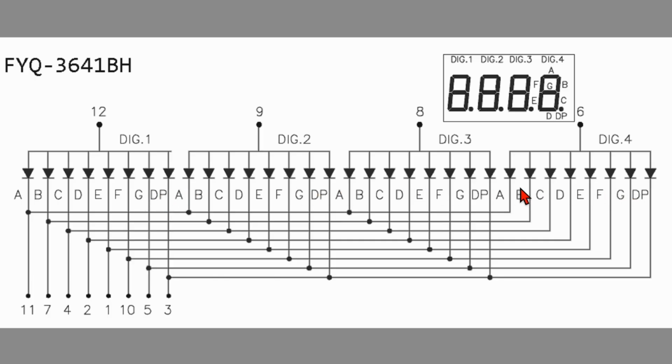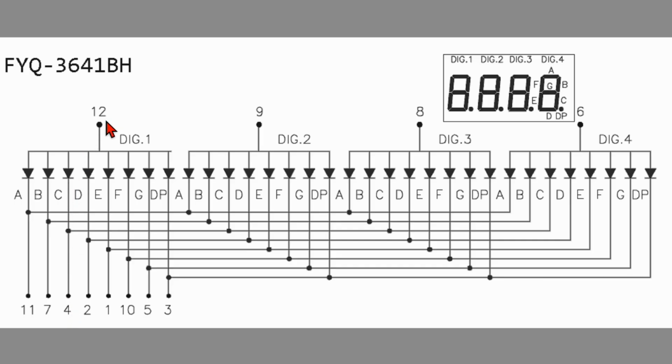4 digits. Now remember, with a diode or an LED, they have to be oriented properly. And in this particular case, the anode is on the top and the cathode is on the bottom. Okay, so these diodes are oriented so that in order to light up one particular segment, we need to run current from the top, for example, from pin 12, down through the diode to, say, pin 4.